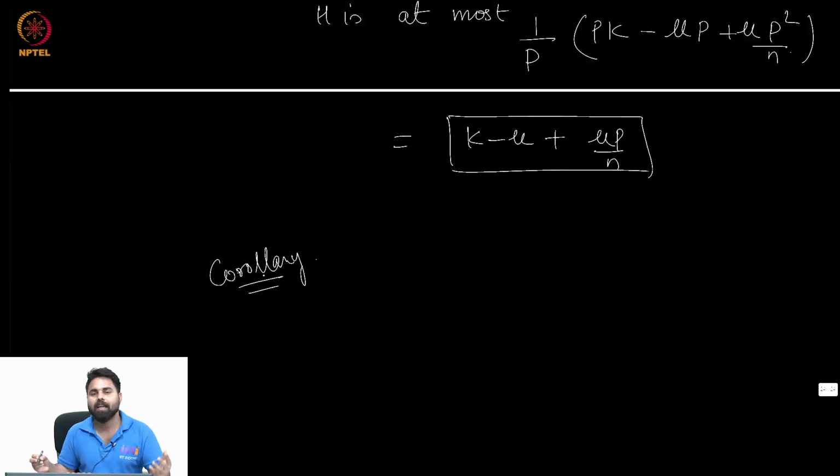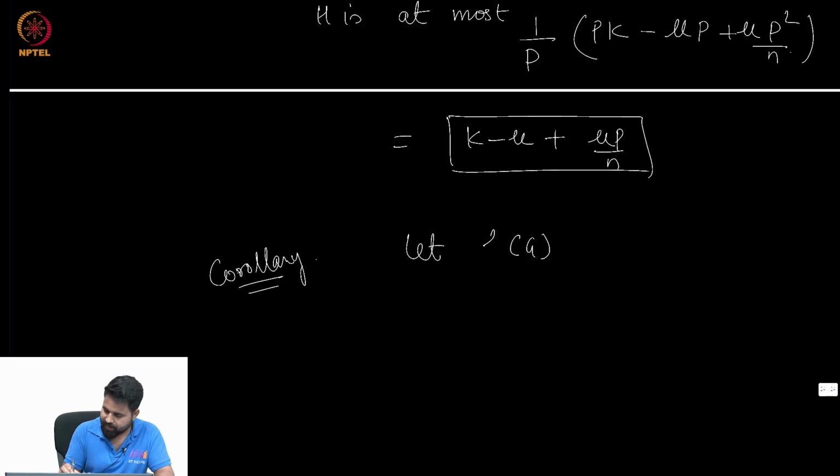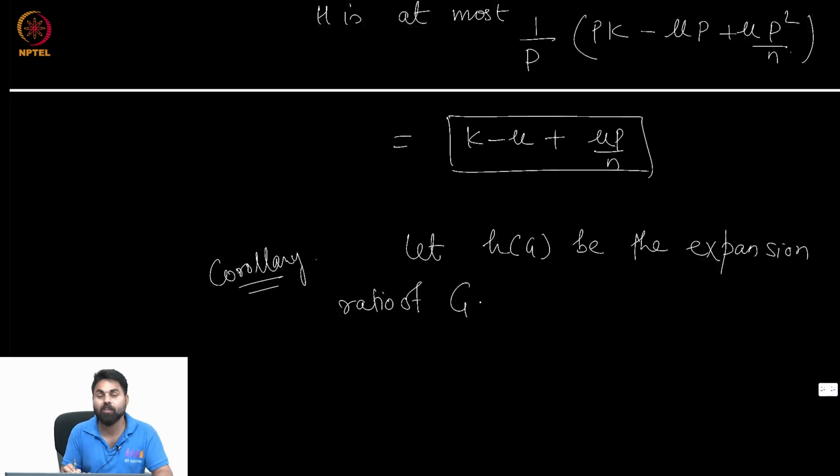So let h_G, rather than a smaller h, be the expansion ratio of G. So let me recall what expansion ratio is.